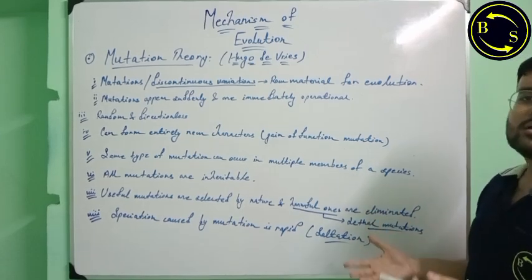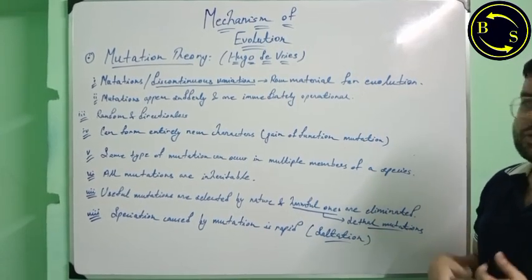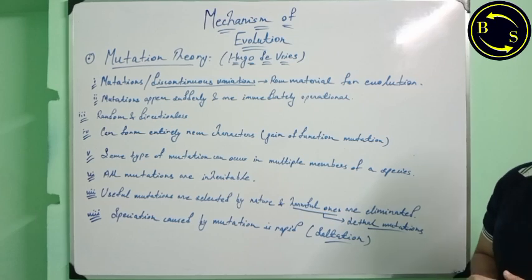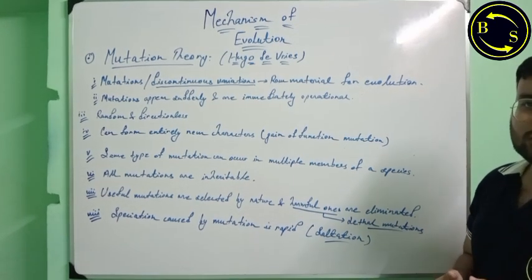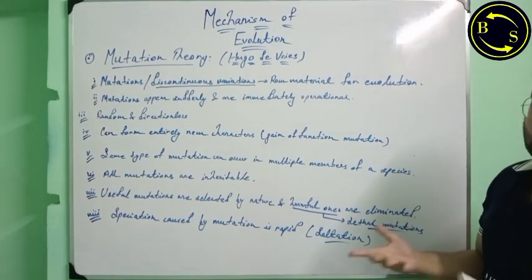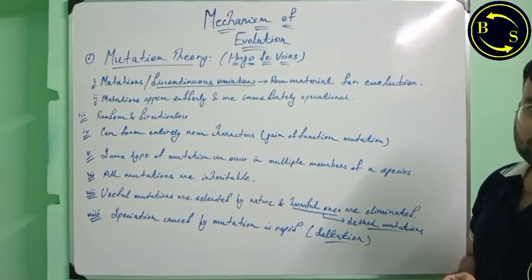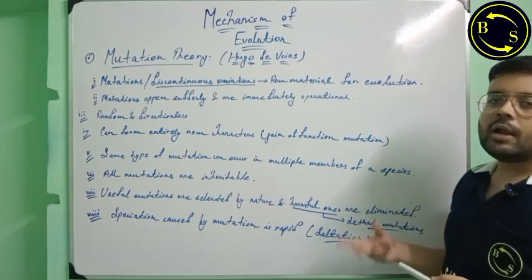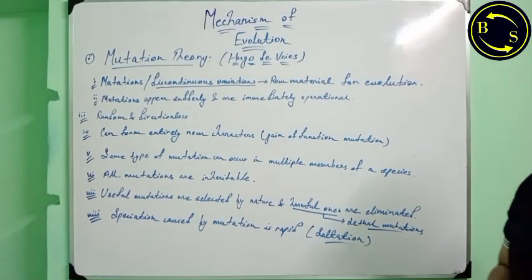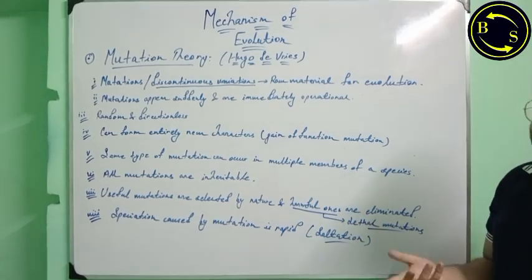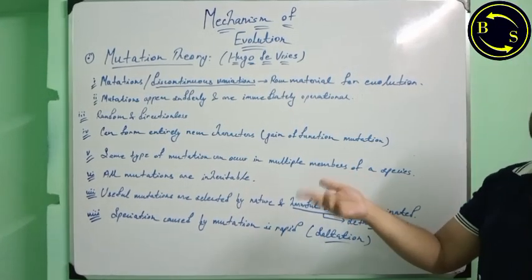So if an organism is unfit to survive in its environment, it will die off and will not be able to reproduce. For example, a polar bear cannot survive in a desert. So no desert has polar bears. They will be eliminated from that kind of environment. Hence, the next generation won't have any individuals harboring that lethal mutation, and that lethal mutation will be wiped out from the genome.